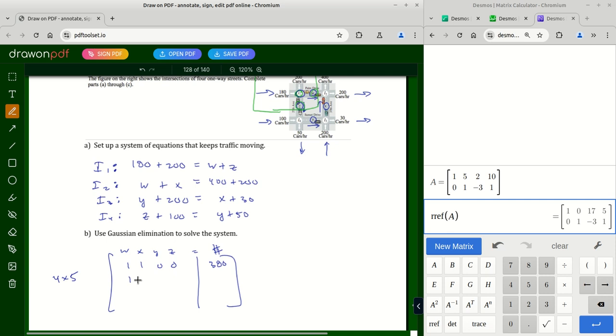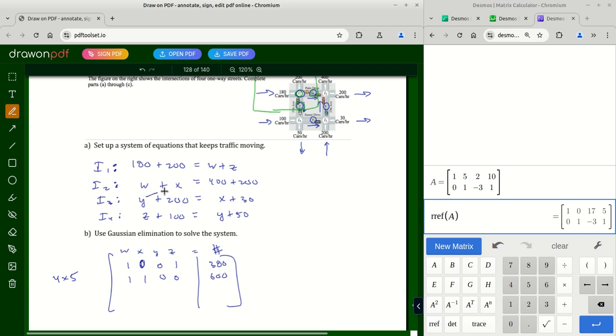Here I got a W and an X. Oh, I messed up. This is supposed to be a Z right there. Well, I do that, don't I? Okay, there we go. Sorry. 1, 0, 0, 1. Z's. This has 1, 1, 0, 0 equals 600.